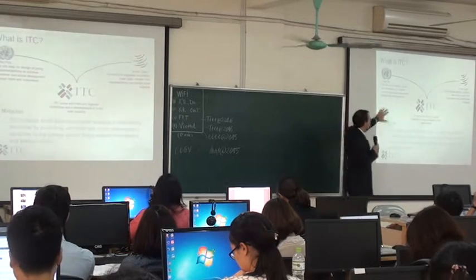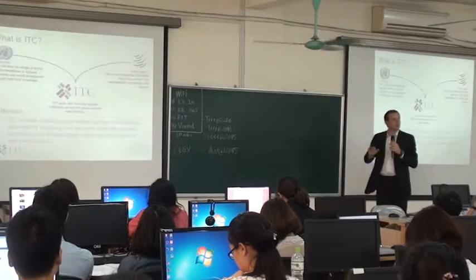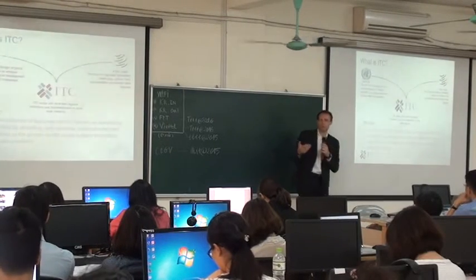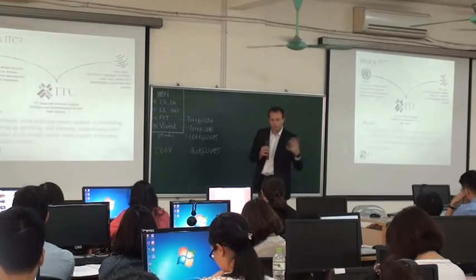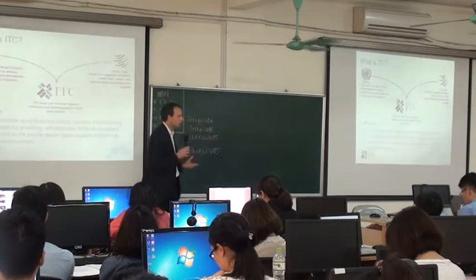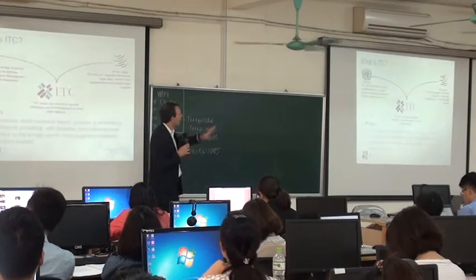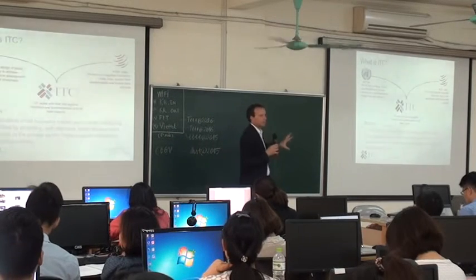And we work under two major organizations. So the UNCTAD on one hand, the United Nations Conference on Trade and Development, and then the WTO, really the forum where all the negotiations take place for multilateral trade agreements. ITC, we sit in between with a very specific mandate.